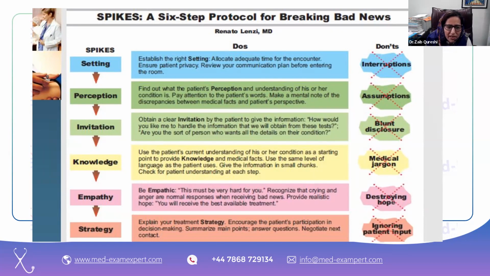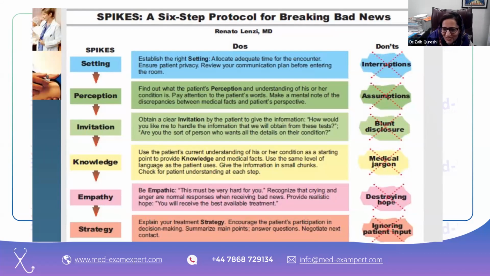Then you are going to explain the last S from the SPIKES protocol, which is going to be the strategy. The strategy means the management, how you are going to manage her further, how you are going to give her the options regarding her treatment. But don't interrupt. If she is trying to express her emotions, don't interrupt. Don't just assume that the patient knows everything.